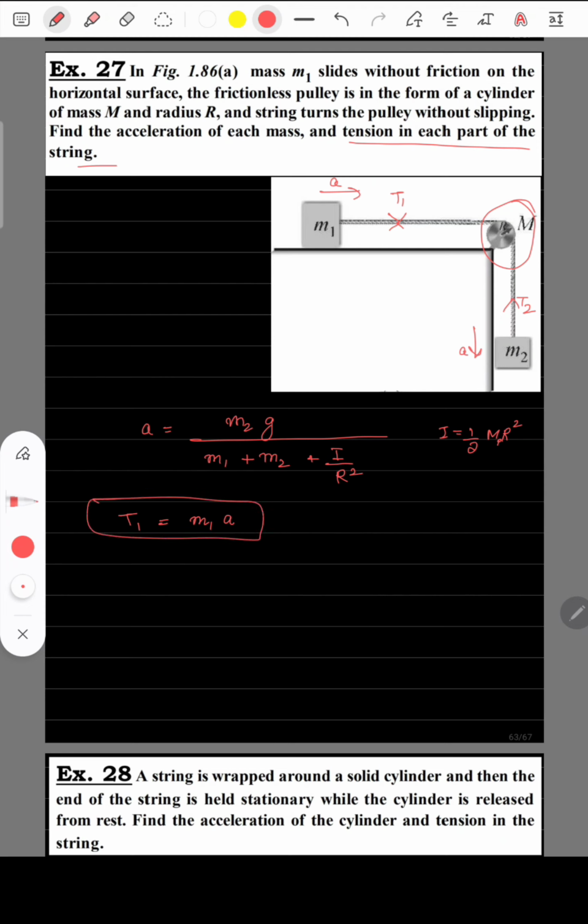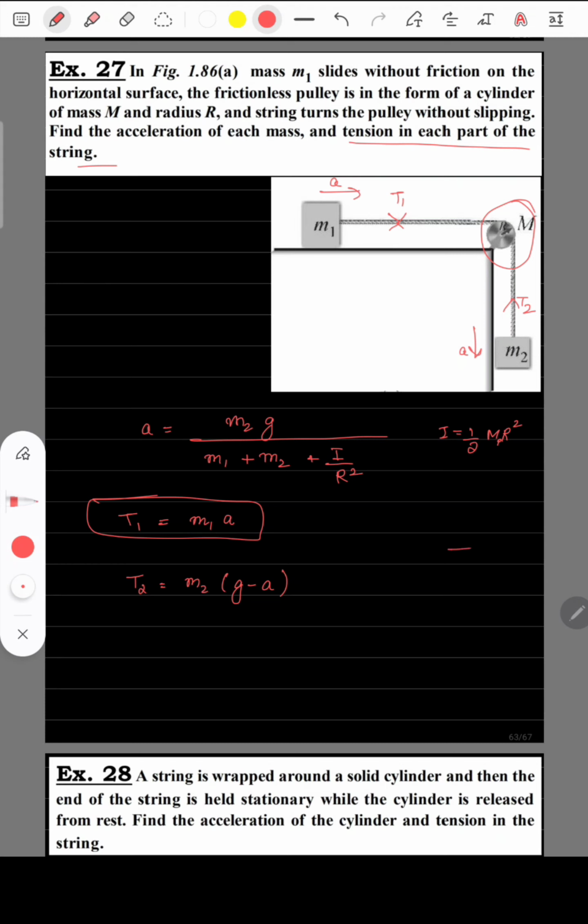Putting the acceleration value, you can find the T1 expression. And T2 can be written as m2 into g minus a. This is because as the acceleration is downwards, a pseudo force will be acting upwards. So T2 is nothing but m2 into g minus a.